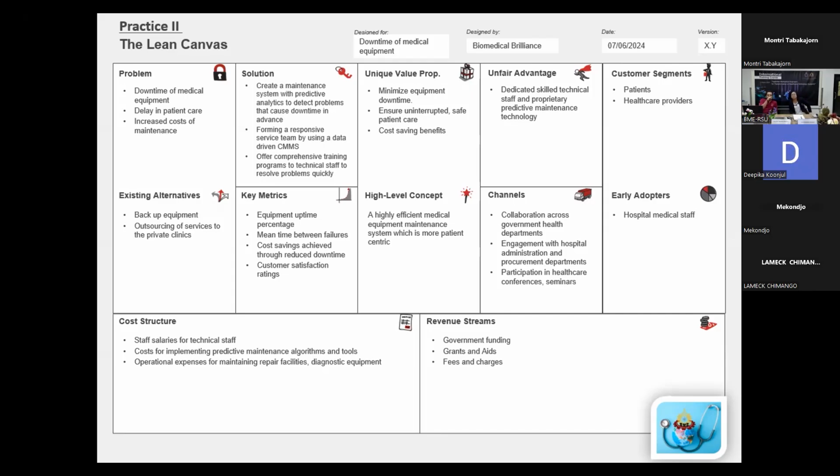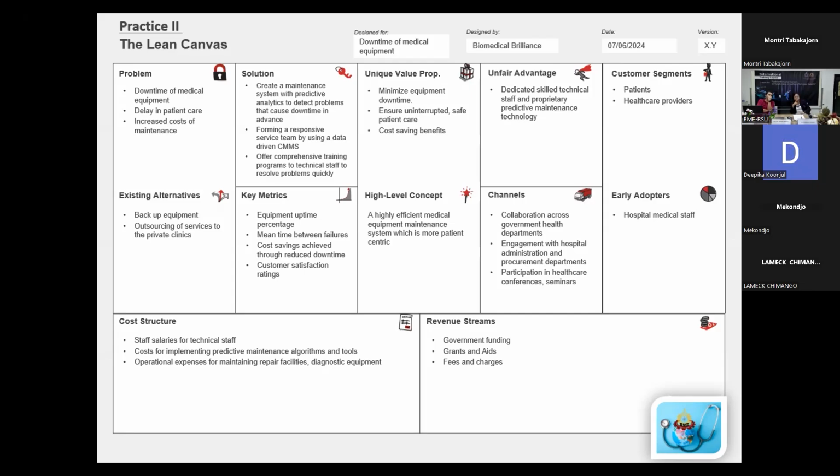Our unfair advantage over others is a dedicated, skilled technical staff and proprietary predictive maintenance technology. The existing alternatives right now are substitute equipment in case of breakdown of the main equipment, and outsourcing of services to private clinics, which involves more cost.